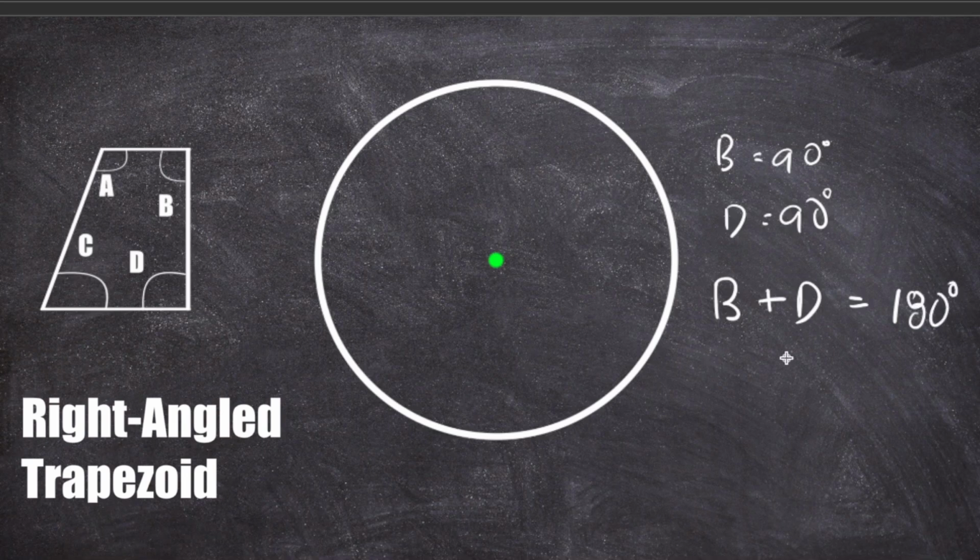Now, because B plus D are right angles and add up to 180 degrees, and the sum of all angles in the quadrilateral add up to 360 degrees, the remaining angles A and C must add up to 180 degrees. So that means that A plus C equals 180 degrees.